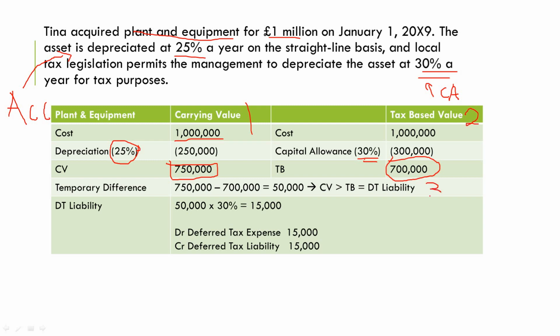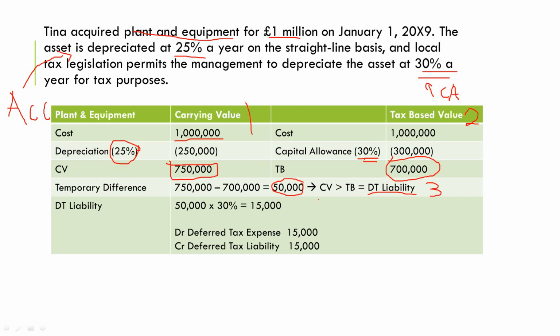Step number 3 is for you to compare the carrying value and tax base. If you can see here, 750,000 is bigger than 700,000. So of course, this gives rise to deferred tax liability. And the difference is 50,000.